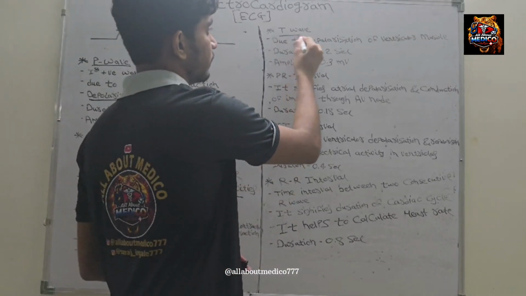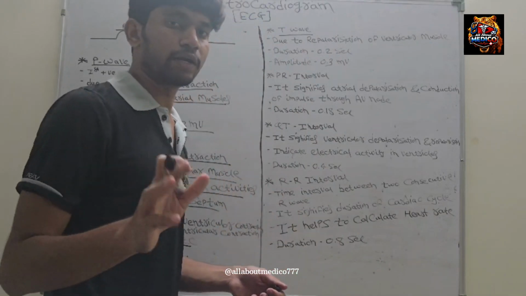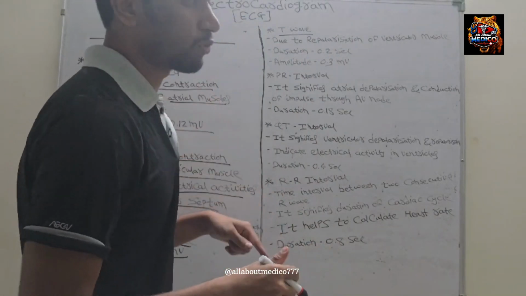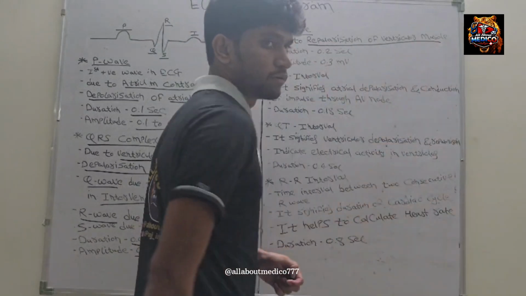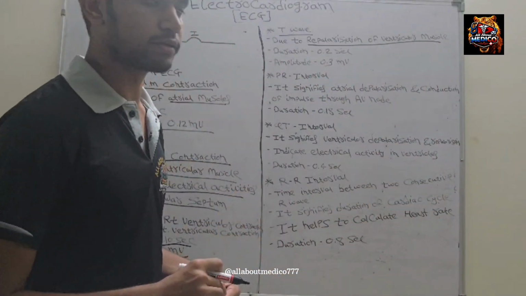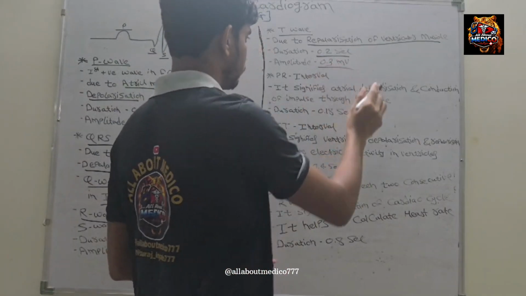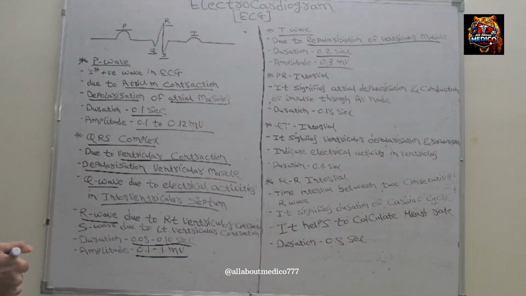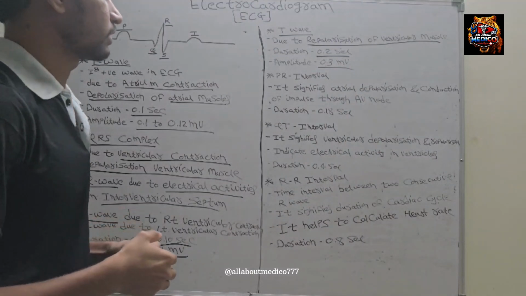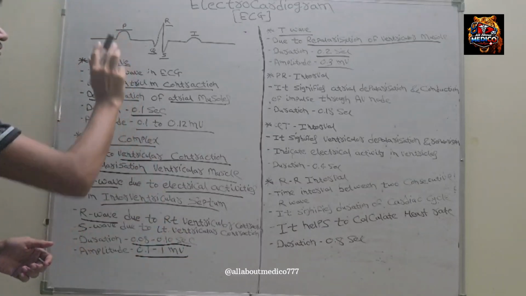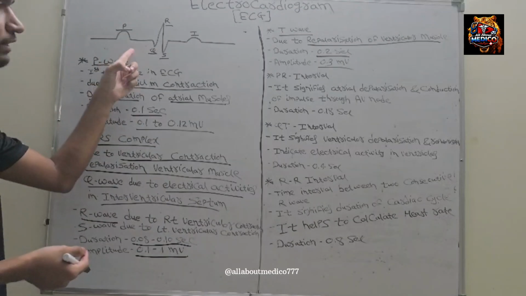The T wave is due to repolarization of ventricles, meaning the ventricular muscles are relaxing. Repolarization of the atrium occurs during the QRS complex. Its duration is 0.2 seconds and amplitude is 0.3 mV. In the P wave, depolarization of the atrium means atrial contraction.